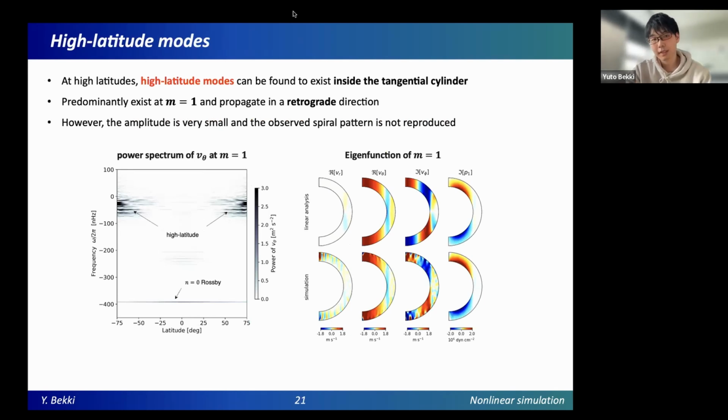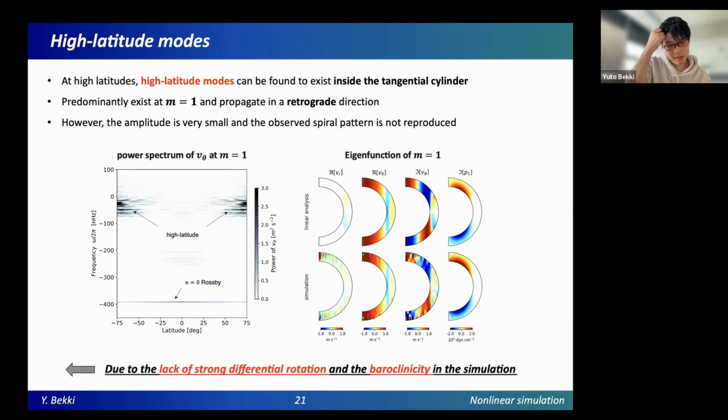We also see the topographic Rossby modes, or high latitude modes, in our nonlinear calculation. So here I show the m=1 mode extracted from the numerical model, but we couldn't successfully reproduce the spiraling pattern, and the observed frequencies are not well reproduced.